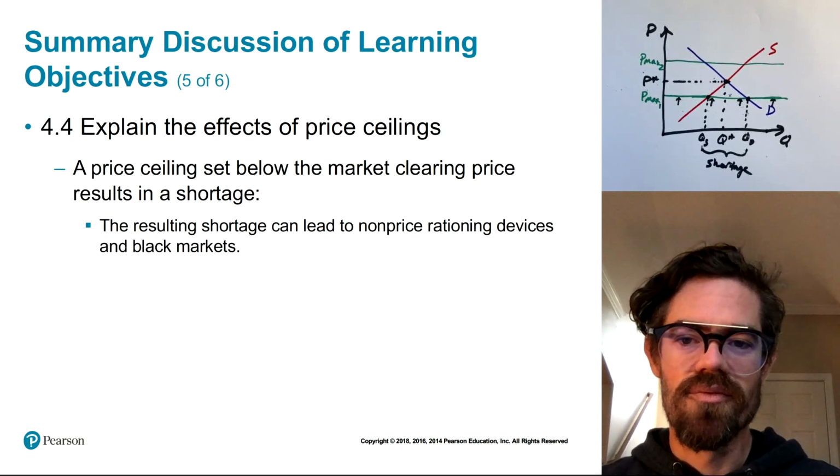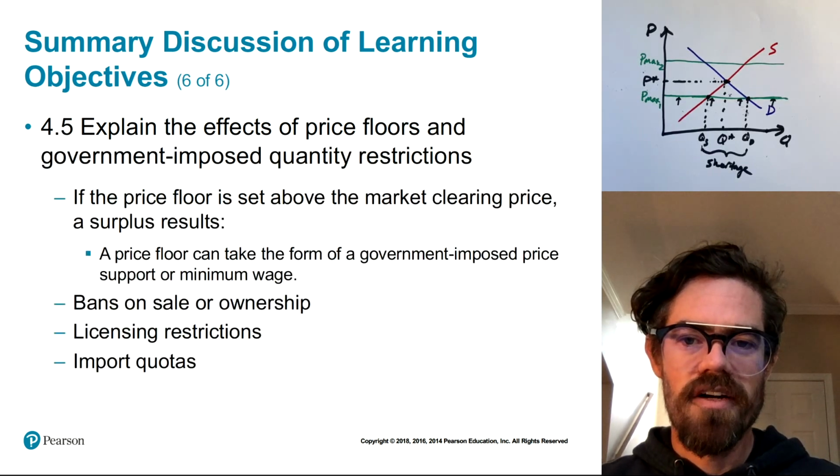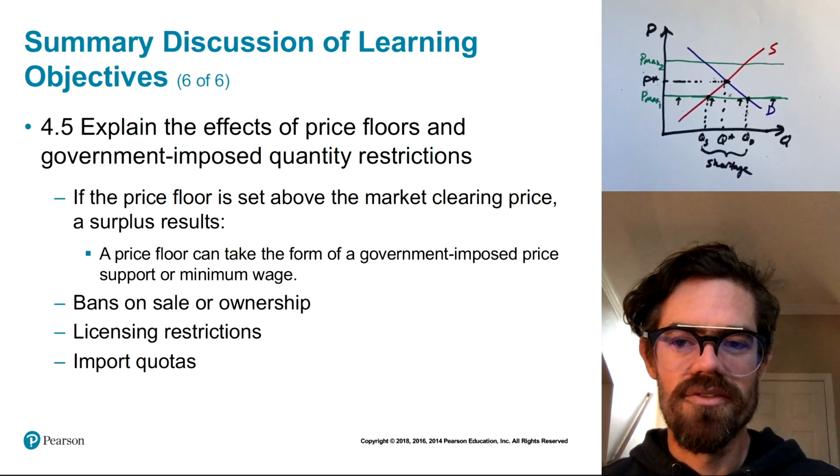And we saw how they can lead to non-price rationing devices in black markets. And then in section 5, we talked about price floors or minimum prices and government-imposed quantity restrictions. So bans on sales or ownership, licensing restrictions, and import quotas are the quantity restrictions there. And we saw how these lead to surpluses.